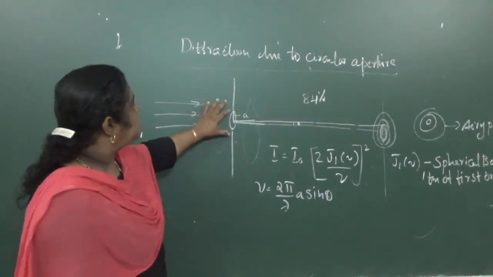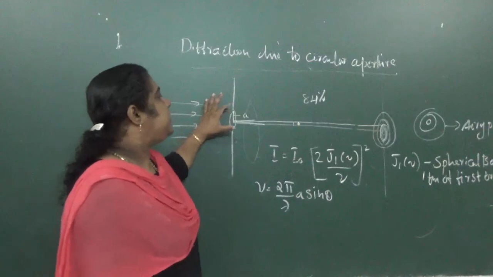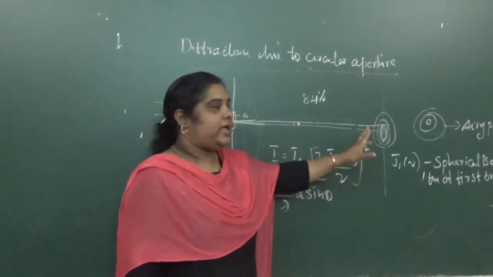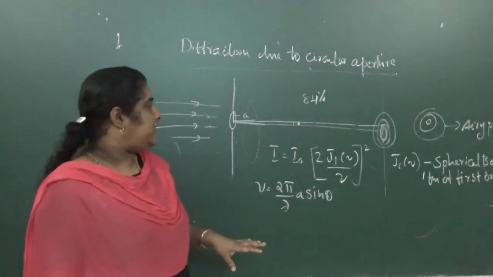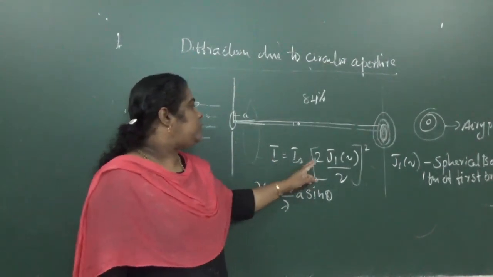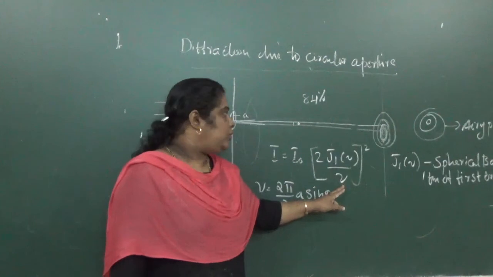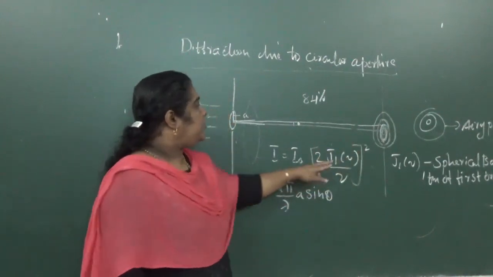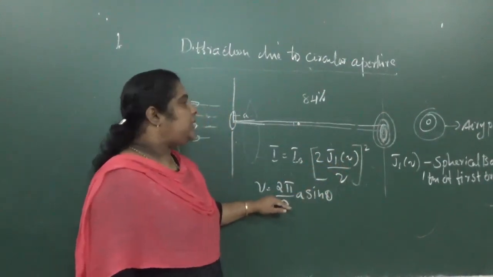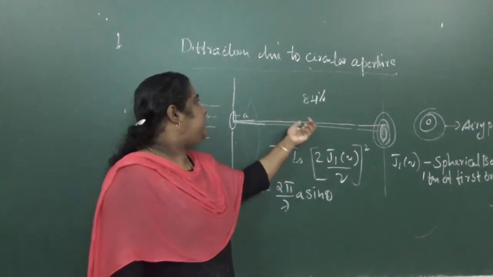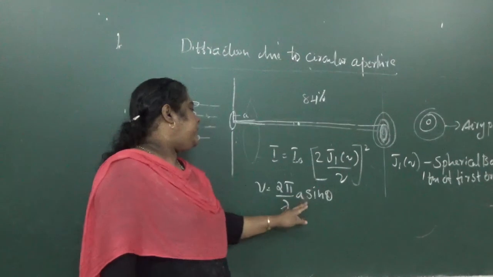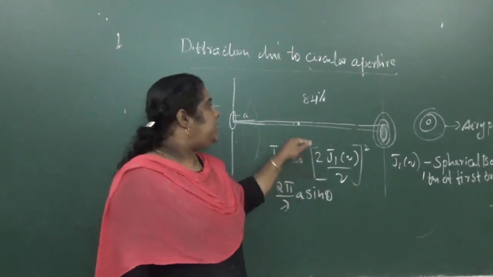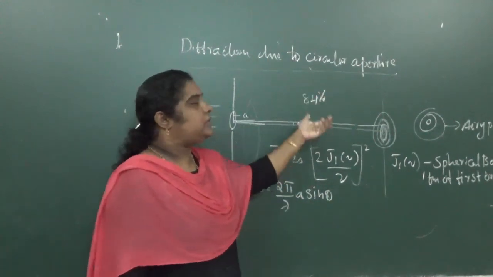Because of the circular symmetry, we get the Airy pattern. For the Airy pattern intensity distribution, we are writing directly that I is equal to I0 times (J1 nu by nu) all squared. Nu gives the position, where theta is, and that will give you nu, 2 pi by lambda a sin theta. If you vary sin theta, your rings will also vary.